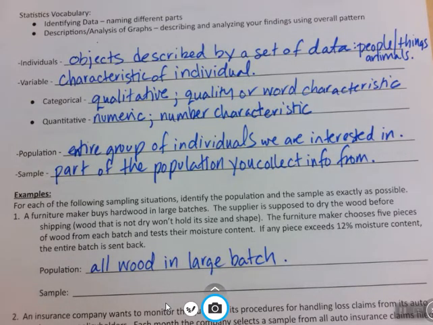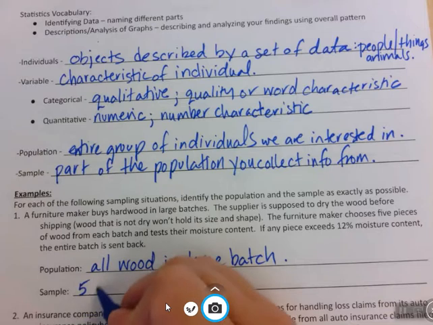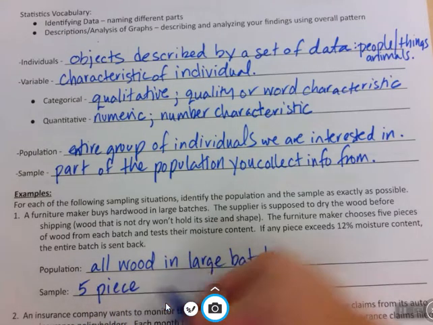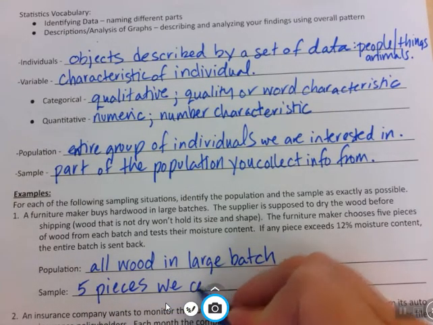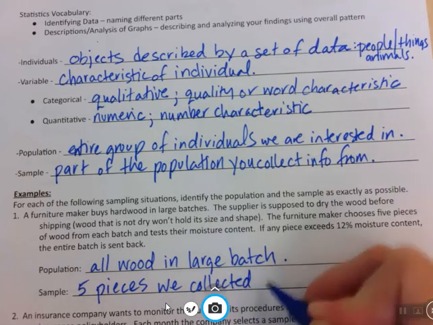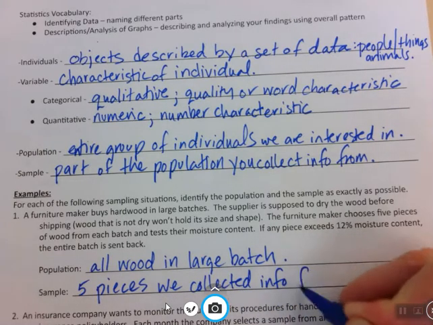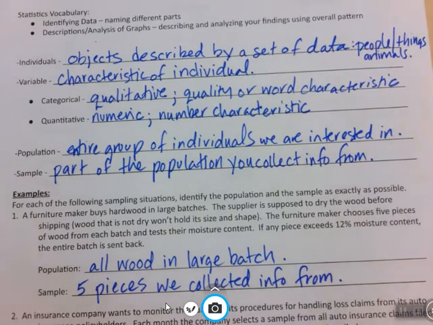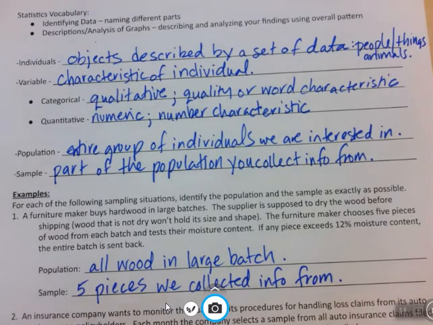So the sample is the part we collect info from. We collected info from how many pieces? From 5, right. So the sample is the 5 pieces that we collected info from. Okay, so I want you guys to try 2 and 3 and compare answers with your group.